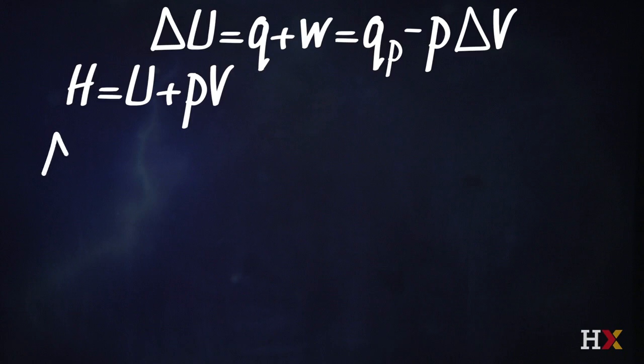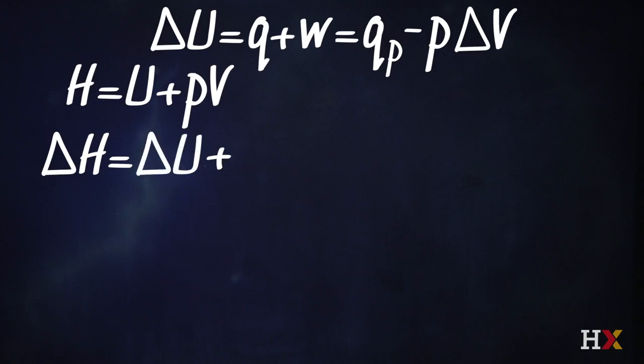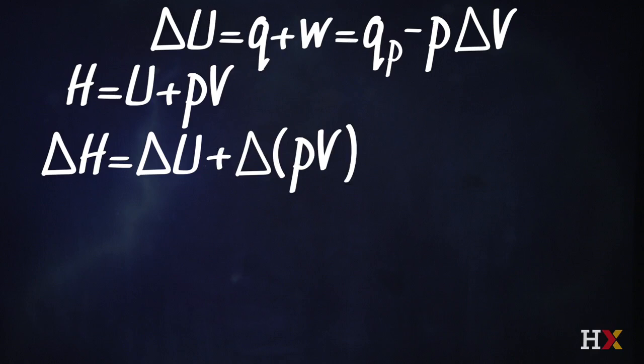Let's take delta H, because we're going to always be interested in enthalpy release or the uptake of energy in a chemical reaction at constant pressure. So we want to calculate delta H. So delta H then, by direct inference, is delta U plus the change in the product of pressure times volume.